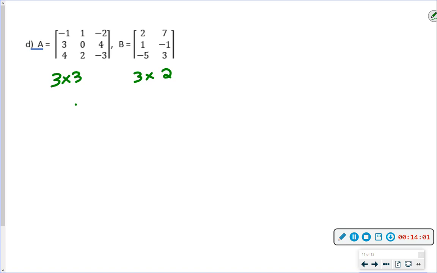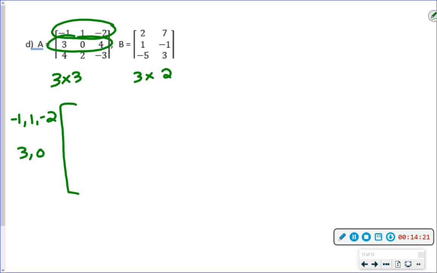So 3 rows. Okay, rows of the first matrix. So now this just means more work. Each row, each column has 3 values in it, so we're going to have to multiply a lot of stuff here together. Second row, 3, 0, 4, and then 4, 2, -3.